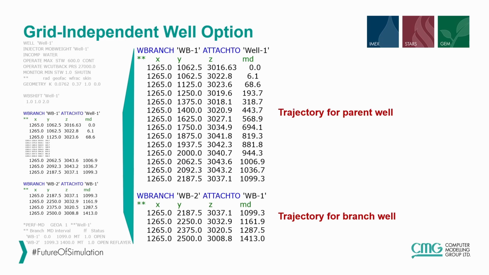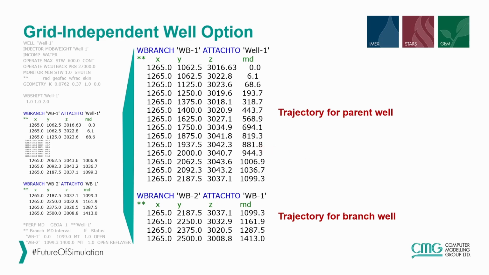In the following columns, we define the coordinates in X, Y, and Z to define the spatial location of a point in the branch, and finally, the measured depth of the point in the branch.